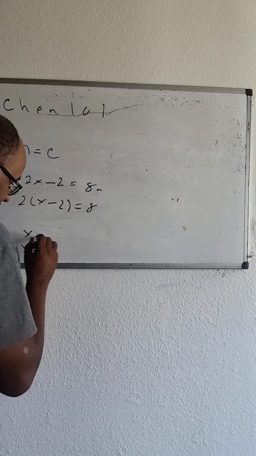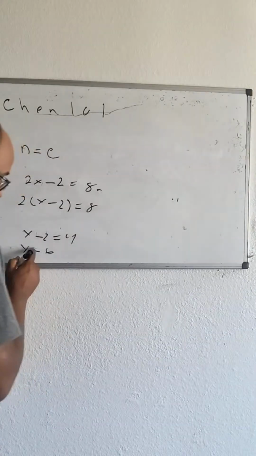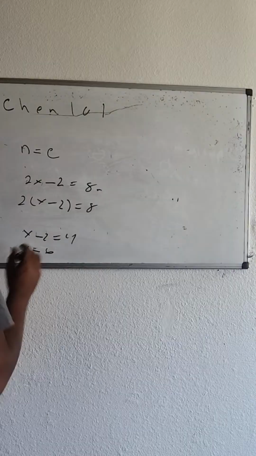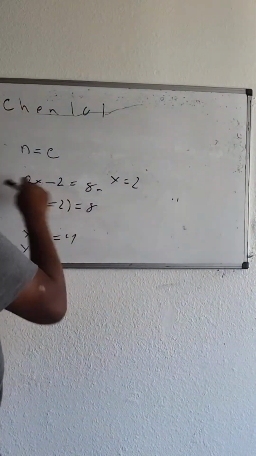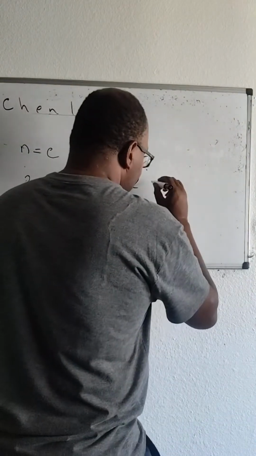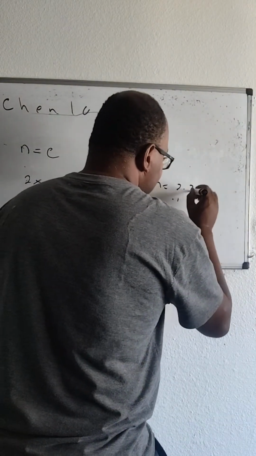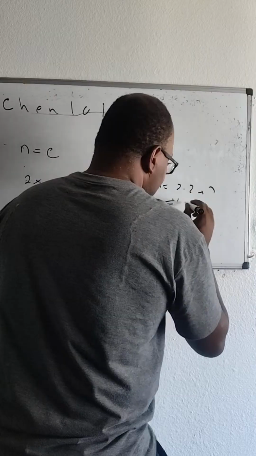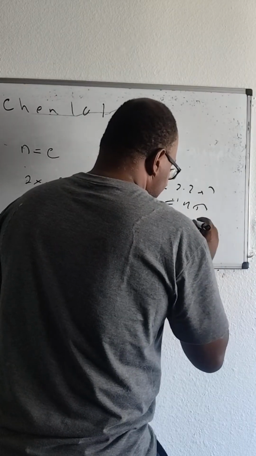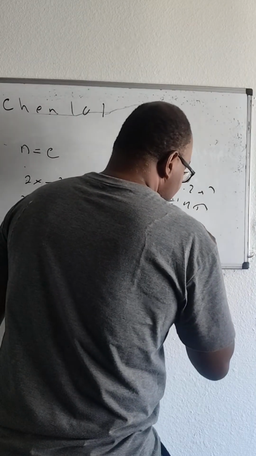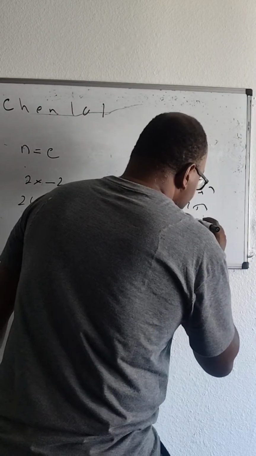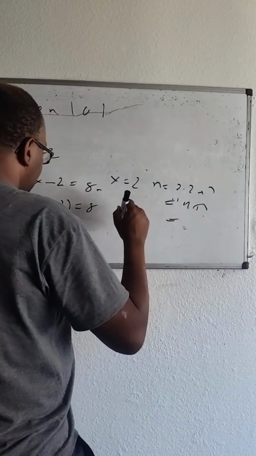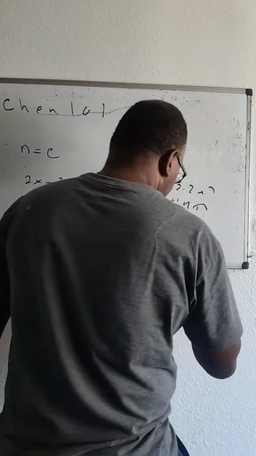So x minus 2 equals 4. I'm sorry, if I do x minus 2, the answer better be 2. There we go. How many neutrons there are? Neutrons equals 2 times 2 plus 2. So it'll be 4 plus 2, so it'll be 6.